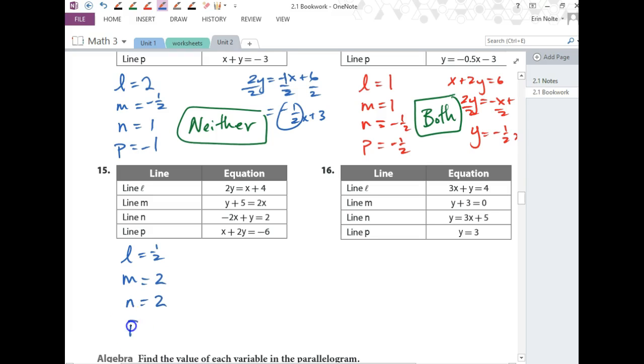What about P? Equals negative. So you'd subtract the x, divide by 2. Negative 1/2 minus 3. Negative 1/2. So how many sets of parallel sides do we have? Just one, right? Only one.